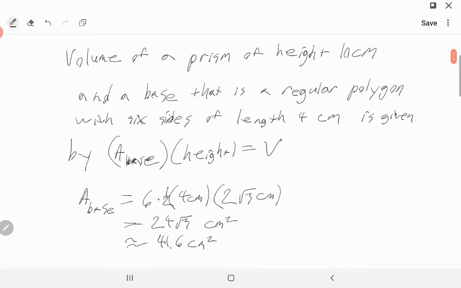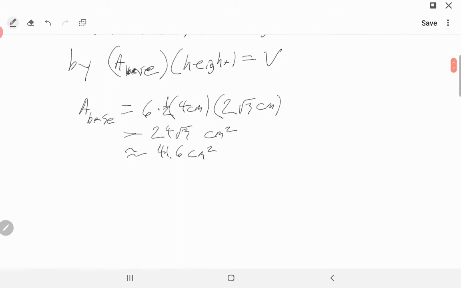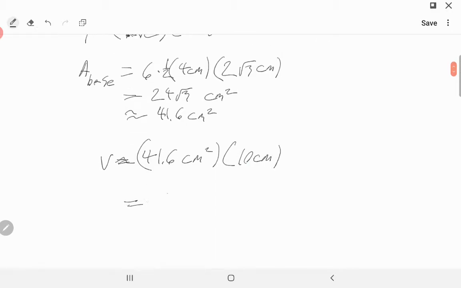And so now we notice that if the height is 10 centimeters, the volume is going to be approximately 41.6 square centimeters multiplied by 10 centimeters, and so we get approximately 416 cubic centimeters.